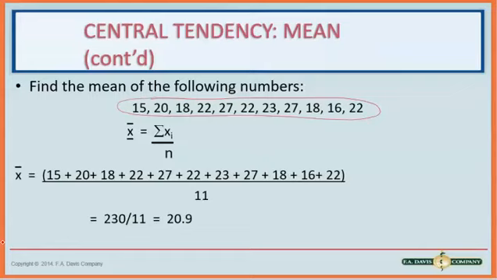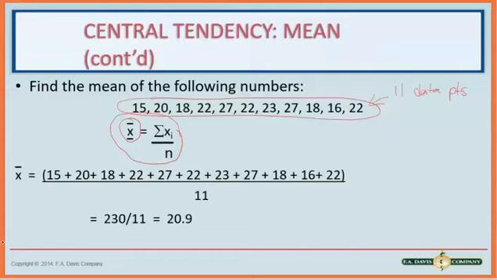So here is our equation. Remember, we're looking for the mean. So we've got a total number of 11 data points. So we're going to be dividing our number by 11.